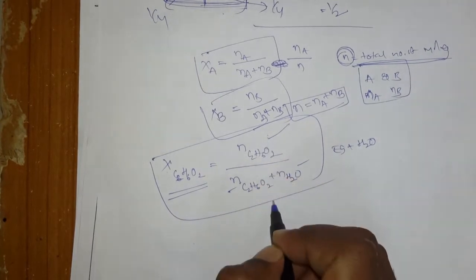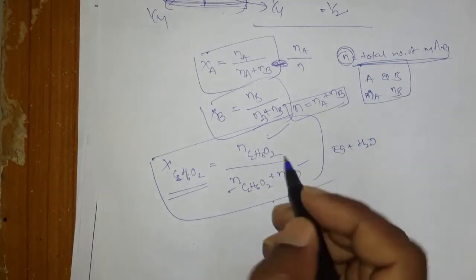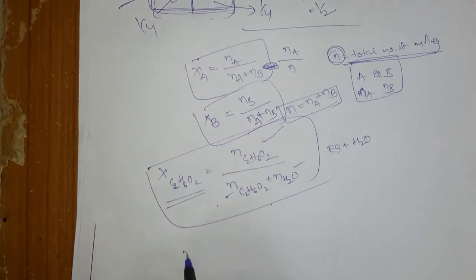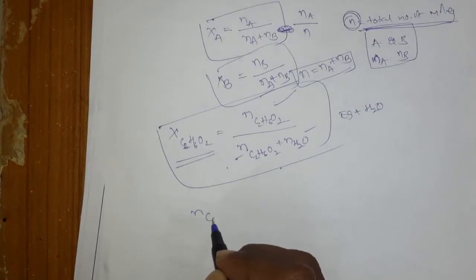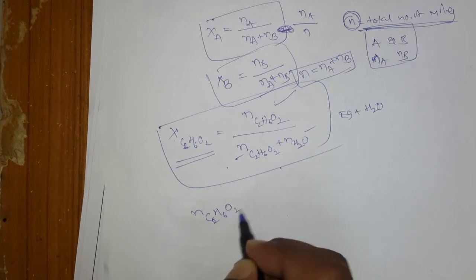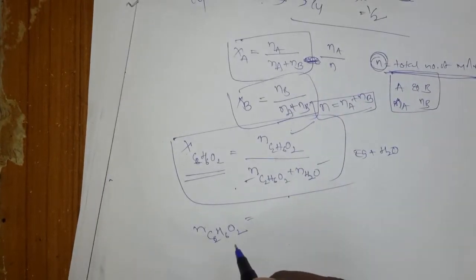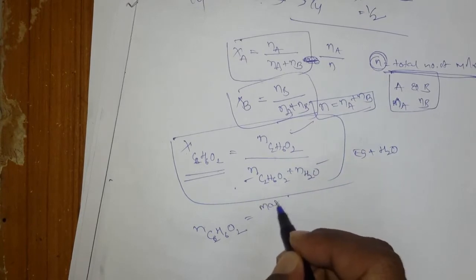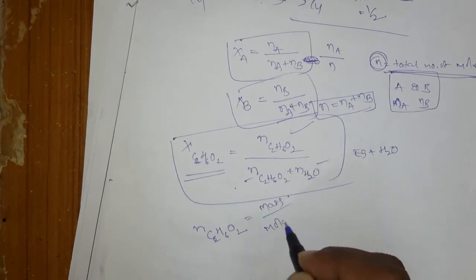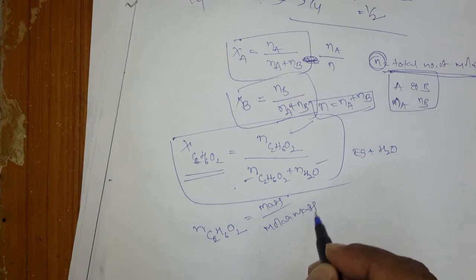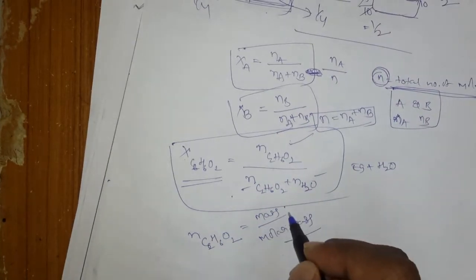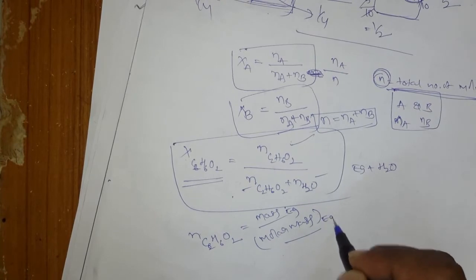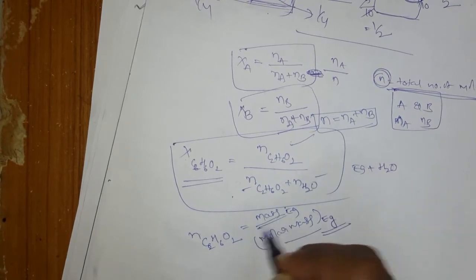But have these values been given to us? No. So what you have to do, first you have to calculate these. First, how can you calculate the number of moles of C2H6O2? It is nothing but the mass by molar mass, that is the mass of ethylene glycol divided by the molar mass of ethylene glycol. What is the mass of the ethylene glycol?